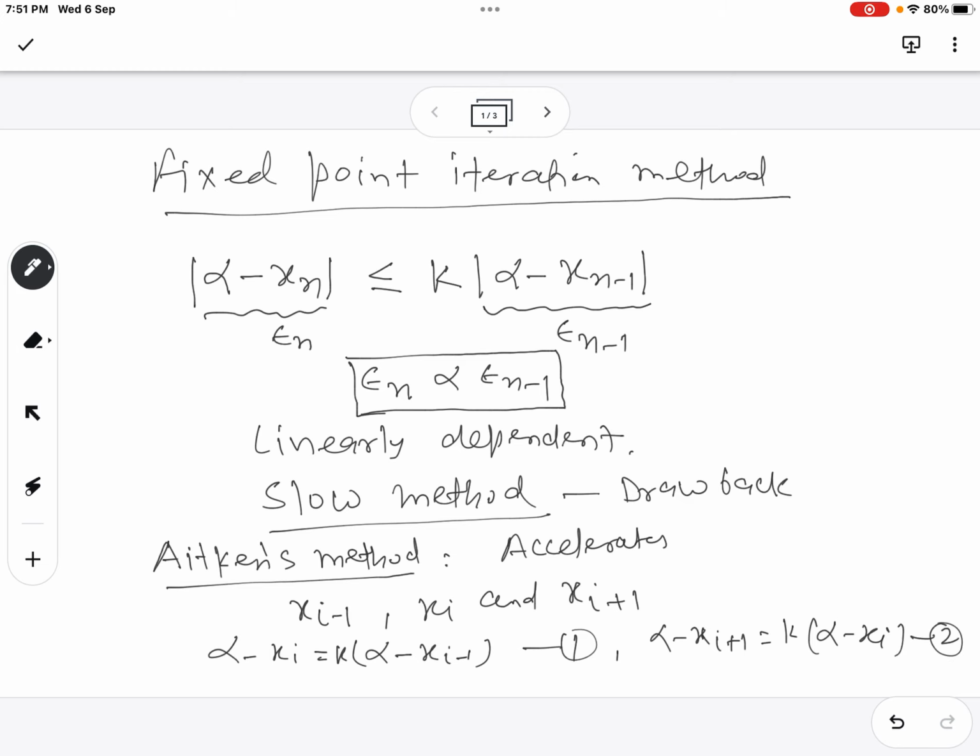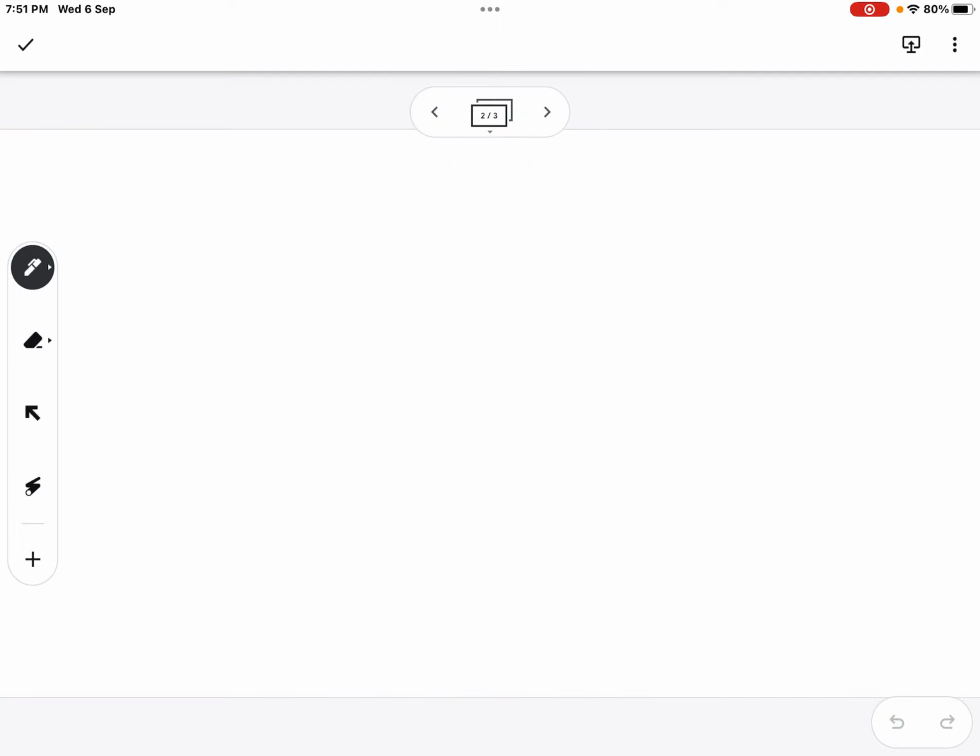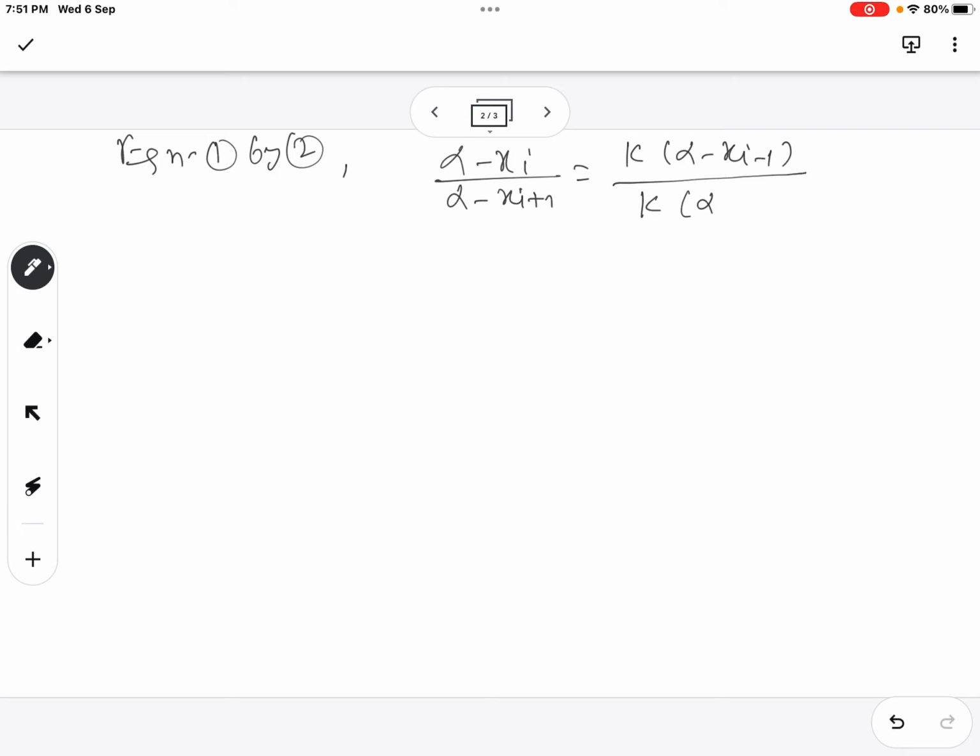Now if I divide equation 1 by 2, I get alpha minus x i by alpha minus x i plus 1 is equal to k times alpha minus x i minus 1 by k times alpha minus x i.